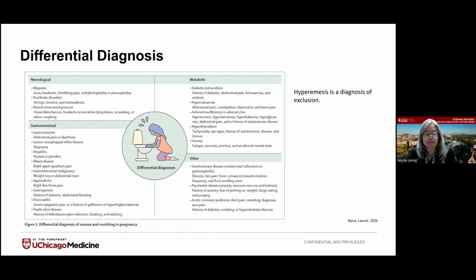And then ruling out a cardiac syndrome like a heart attack or something like that, which would be pretty rare. In most instances, when we're in the first trimester and we have nausea and vomiting or hyperemesis, it is truly just nausea and vomiting of pregnancy. But we do have to make sure that we're not missing something that could be more severe.